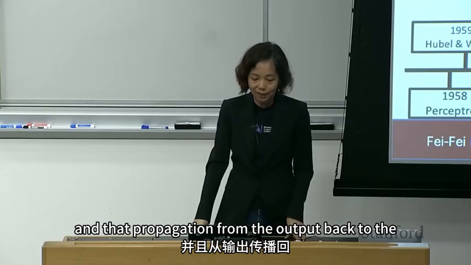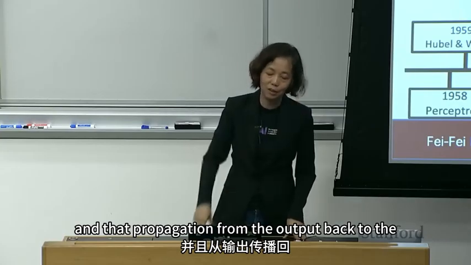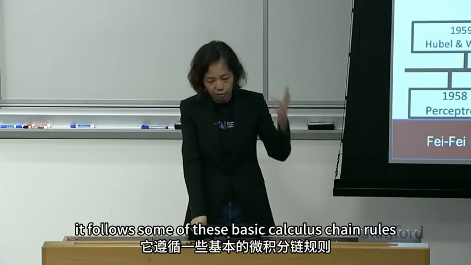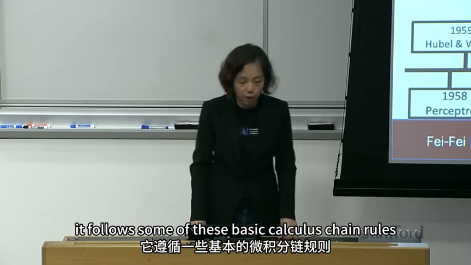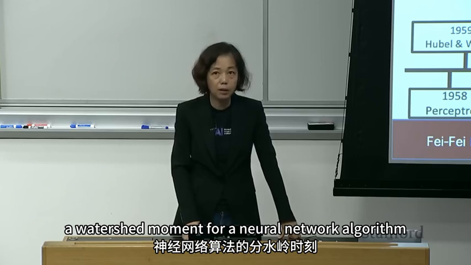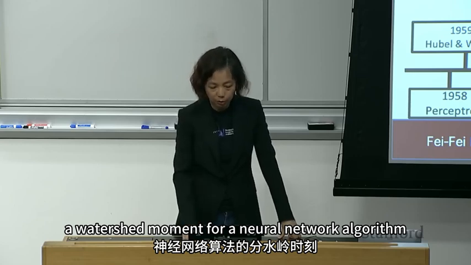That propagation from the output back through the entire neural network is called backpropagation. It follows some of these basic calculus chain rules, and that was a watershed moment for neural network algorithms.